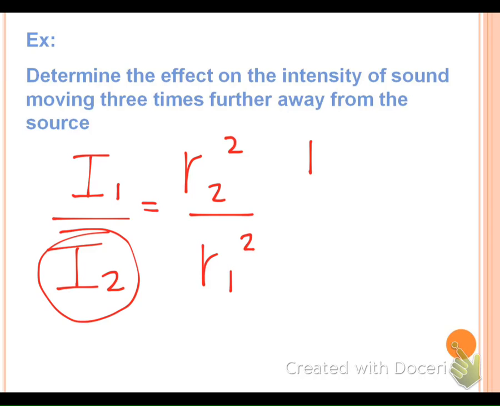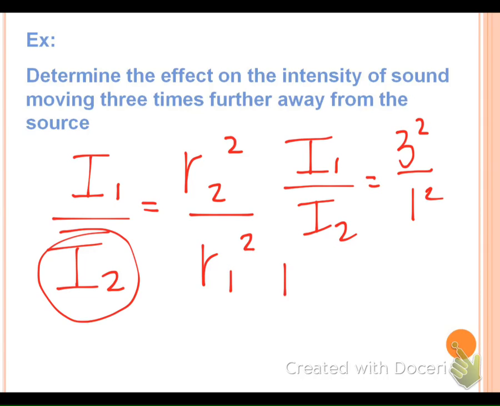So I1 over I2 is equal to 3 squared over 1 squared. Our initial radius can just be 1 squared because we're looking at the proportion, the difference between the first and second radius. That leaves us with I1 over I2 equals 9.